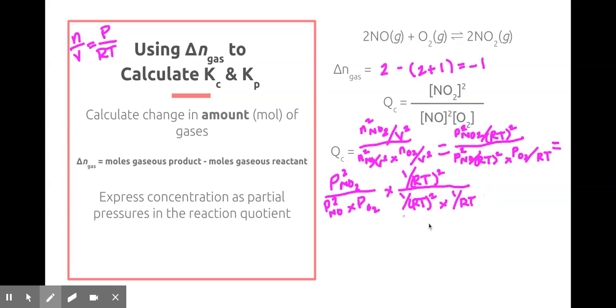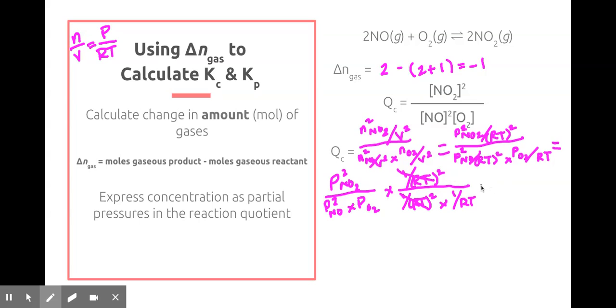And we can actually simplify this a bit further. We can cross out these RT terms because 1 over RT divided by 1 over RT, those are going to cancel out. And because this is in the denominator, we can actually flip it around and figure out how it is going to look.